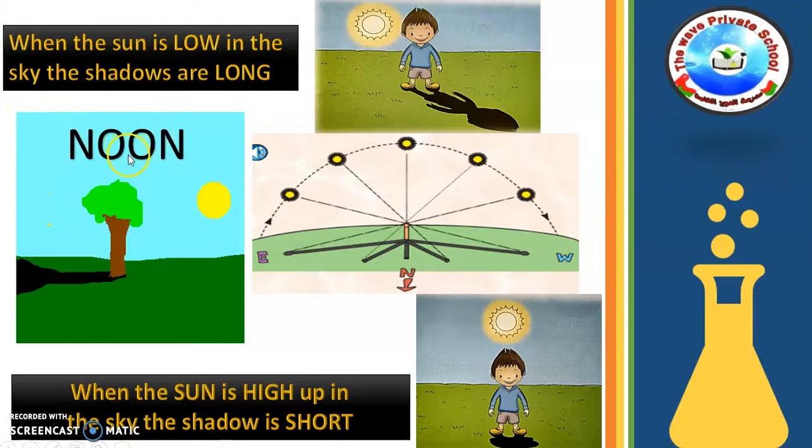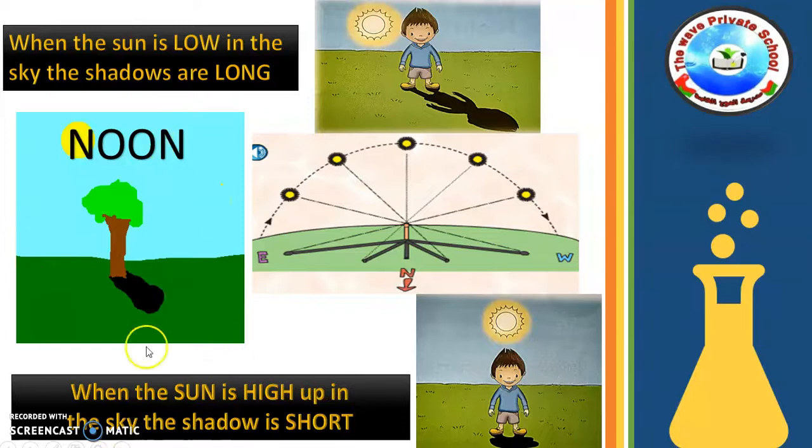But look at that. When it reaches the afternoon, when the sun is here, what happens to the shadow? Yes, the shadow is short. So when the sun is high up in the sky, the shadow is short.